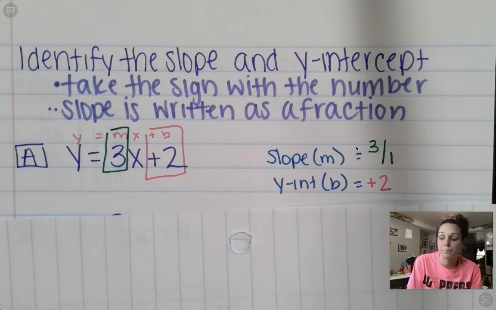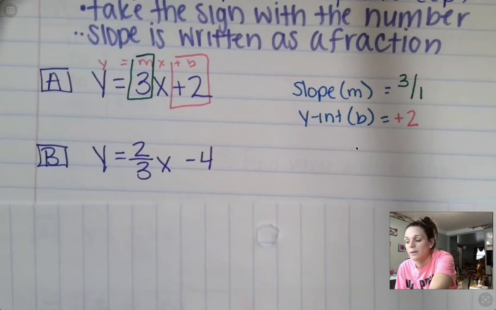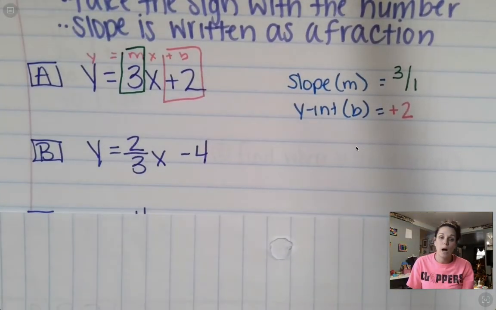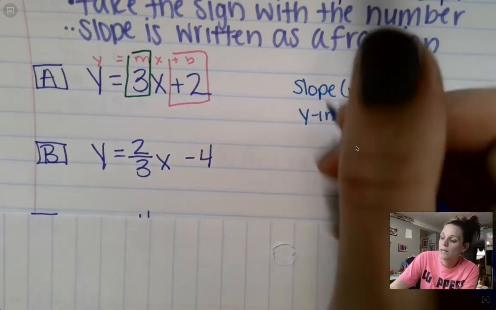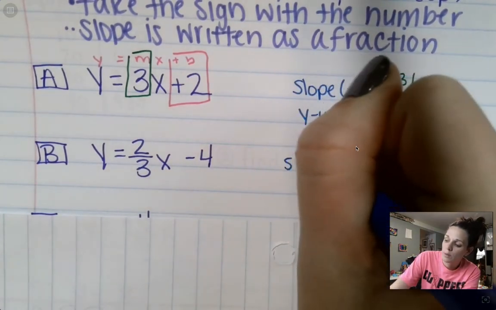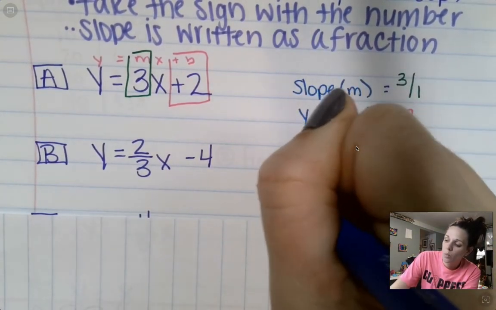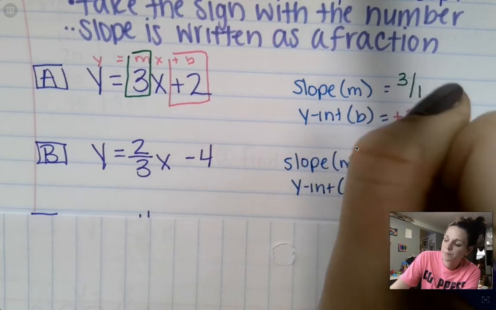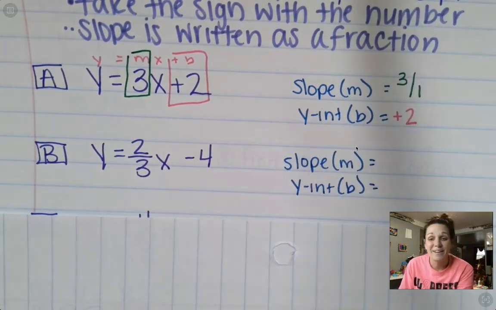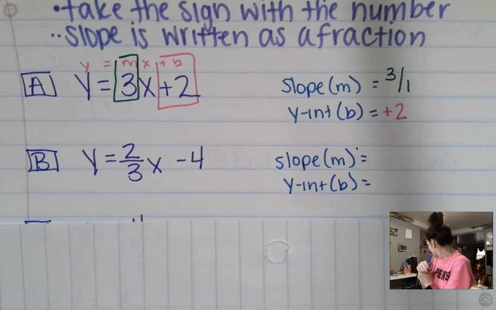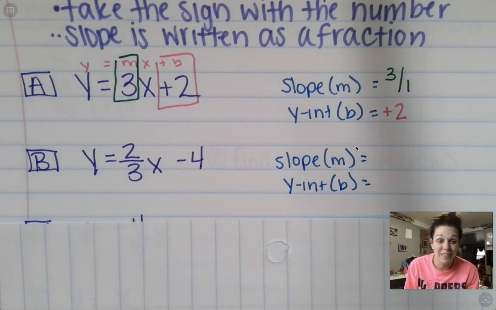Okay, so let's take a look at another problem together. Here we have y equals 2/3 x minus 4. I want to know what is the slope and what is the y-intercept. Again, we're going to steal these values from the equation.